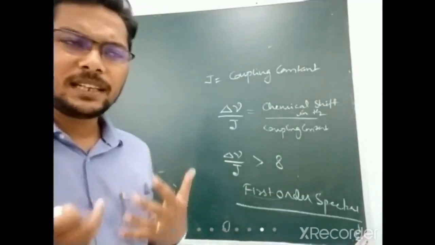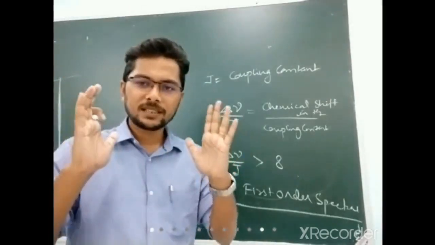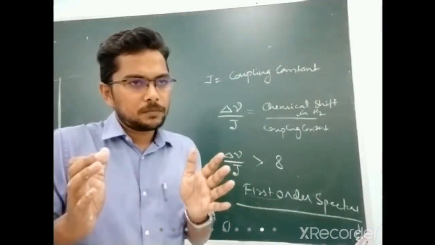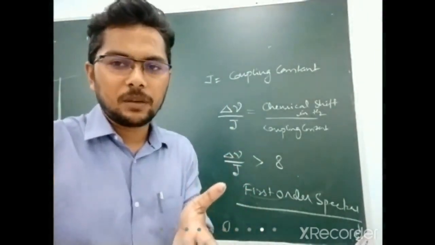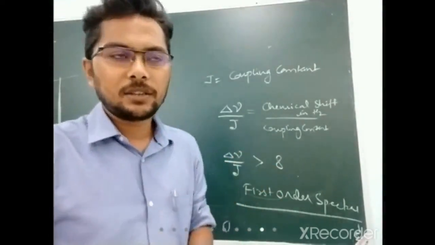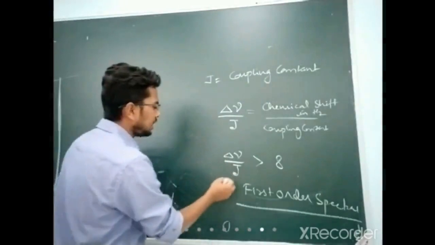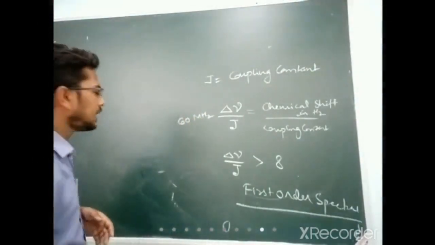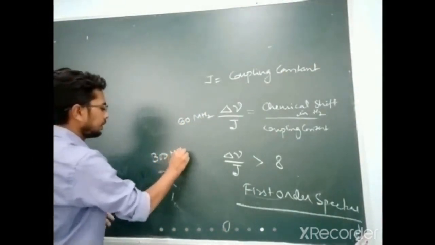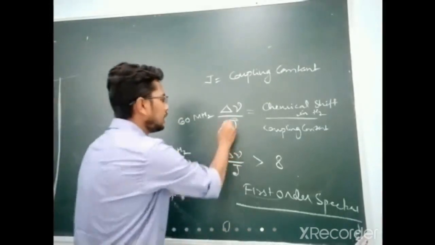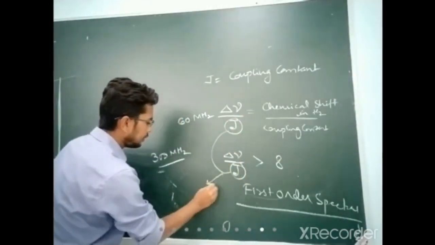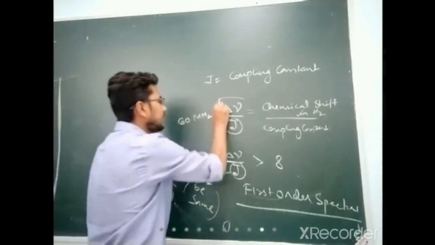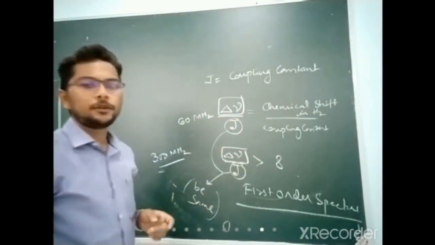Means these are very clean spectra, all the peaks are very well defined, it is nice. This will only happen as you increase your external magnetic field. That means you are using an instrument of higher resonating frequency. If you are using a 60 megahertz instrument and a 300 megahertz instrument, your coupling constant value will be same, but delta nu value will be different.